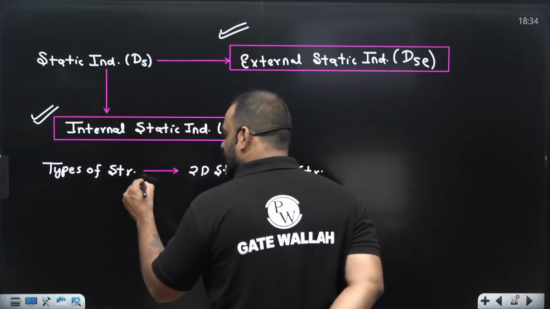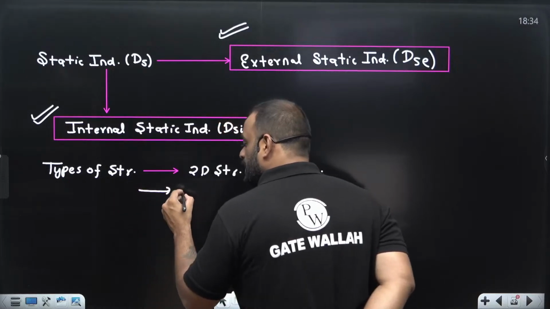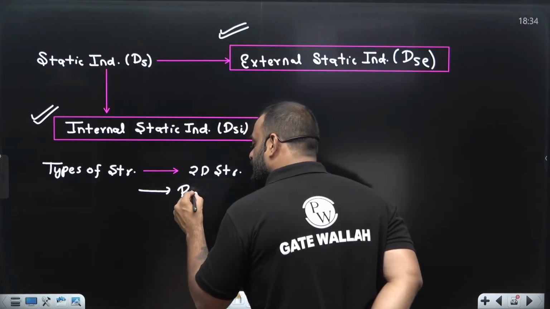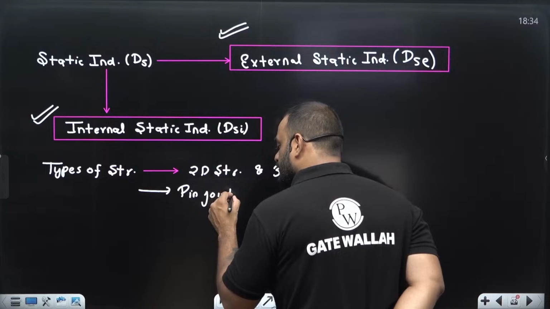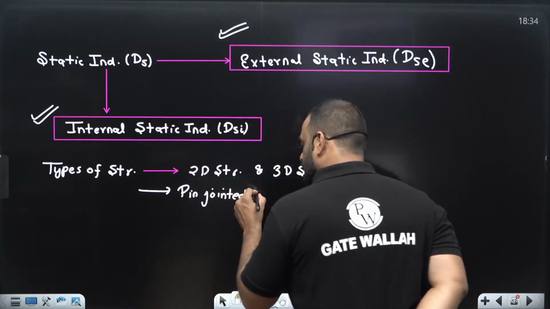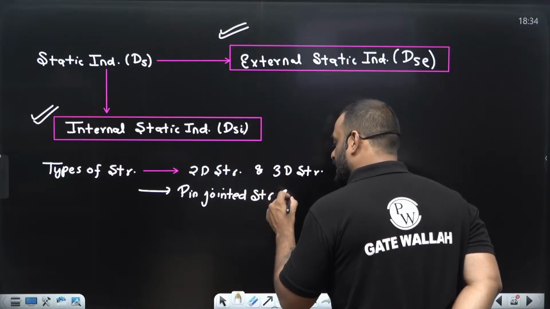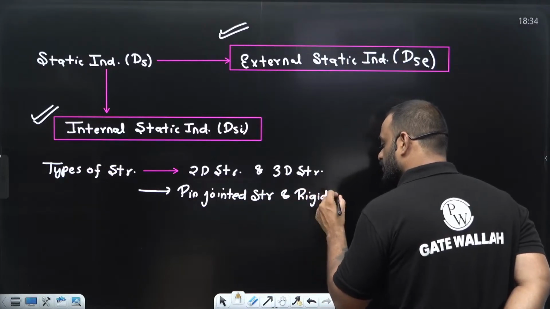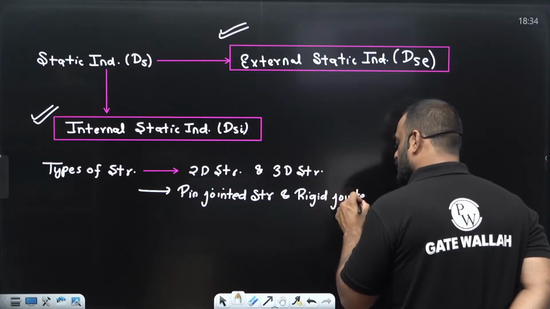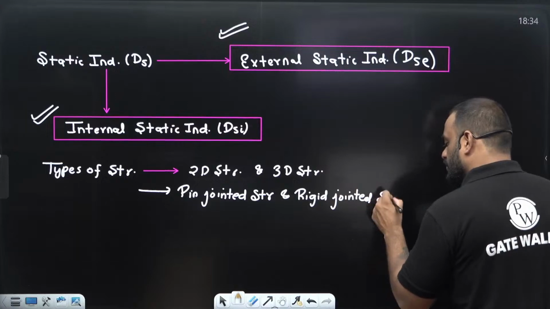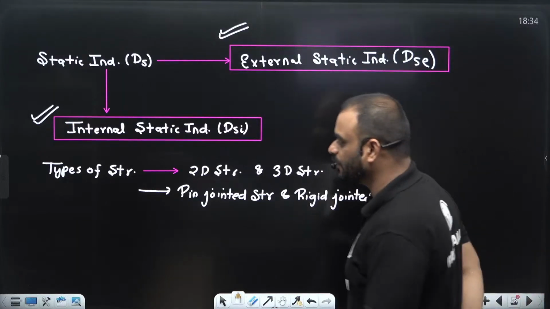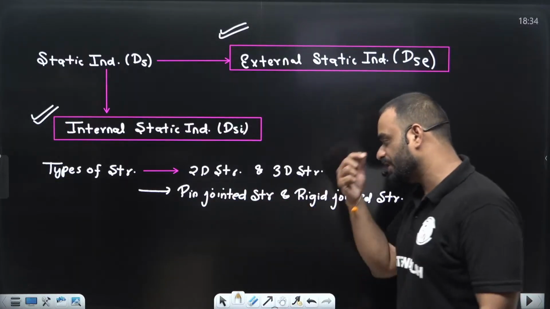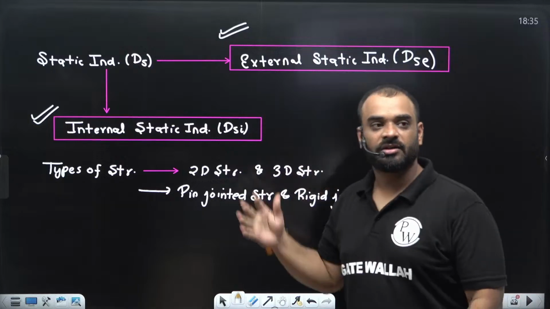And second, we'll discuss pin jointed structure, which is known as truss, as well as rigid jointed structure. So we'll discuss both pin jointed and rigid jointed, as well as 2D or 3D structure.